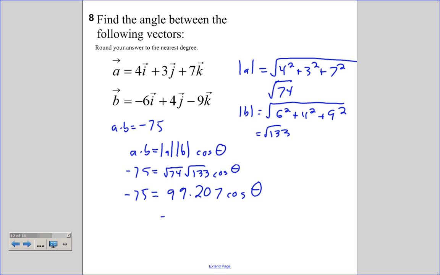Divide both sides by 99.207, and we have negative 0.7560. Now if I take the inverse cosine of that answer, theta is equal to 139.11. It says round to the nearest degree, so 139. So it's about 139 degrees between these two vectors.